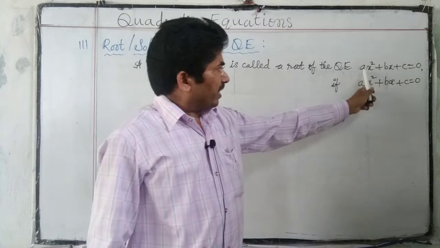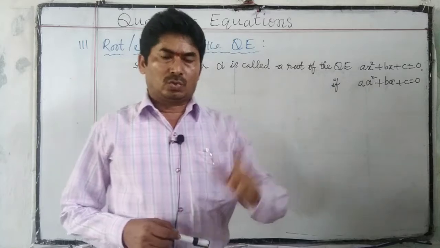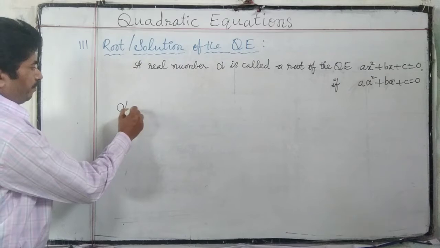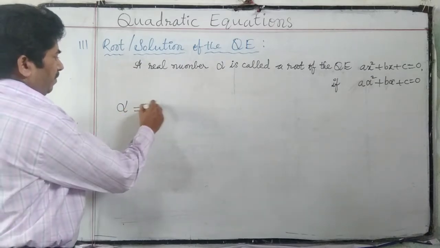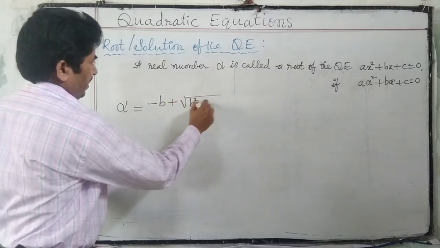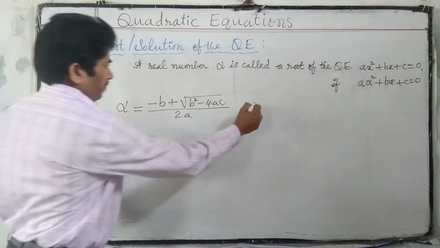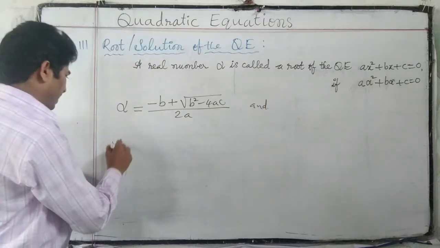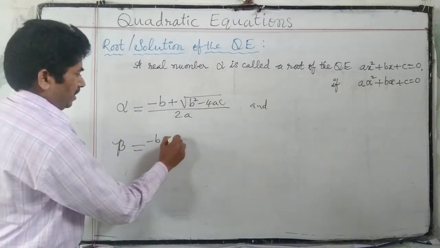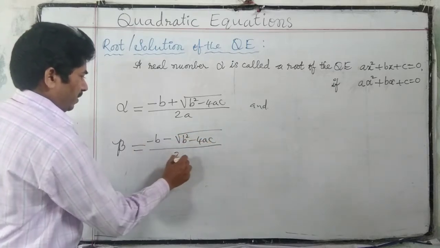A quadratic equation ax square plus bx plus c is equal to 0 has at most two roots. They are alpha is equal to minus b plus under root of b square minus 4ac by 2a, and the second one, beta is equal to minus b minus under root of b square minus 4ac by 2a.